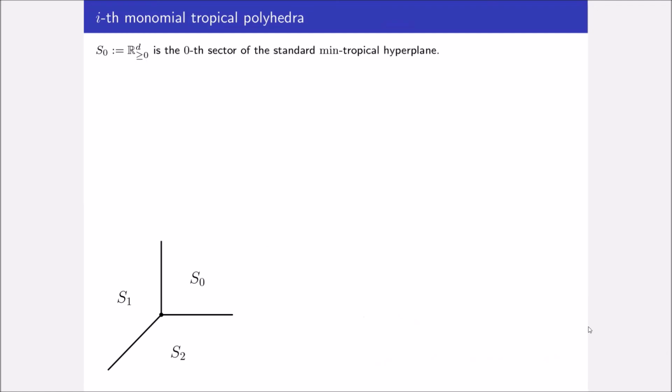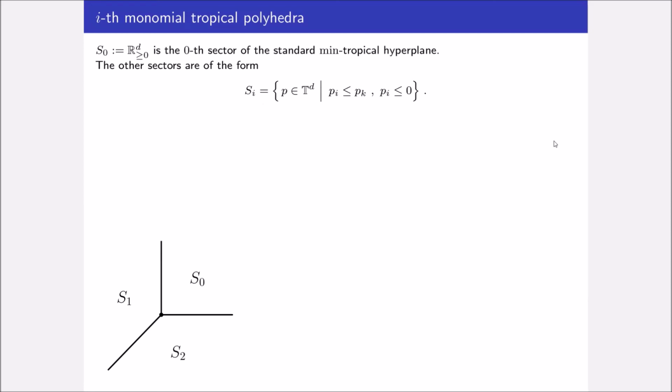The idea is that if we look at a min tropical hyperplane, the positive orthant is just the 0th sector of this min tropical hyperplane. You also have d other sectors from S_1 to S_d, and the S_i sector is the set of points whose ith coordinate is smaller than all other coordinates and is negative.